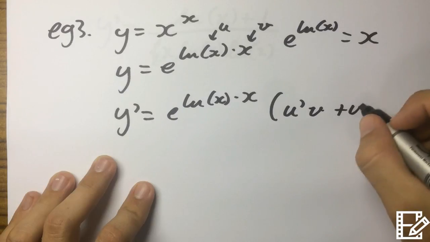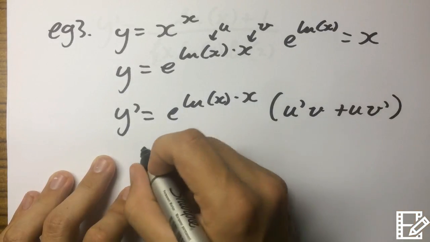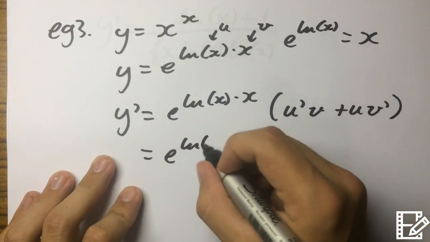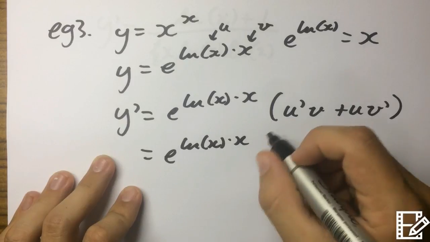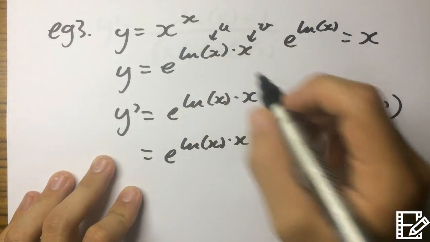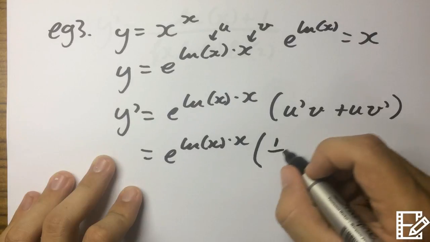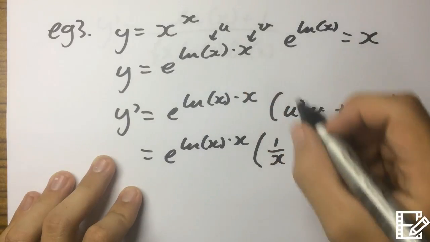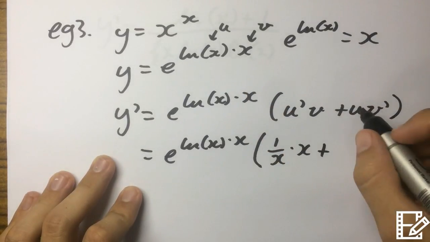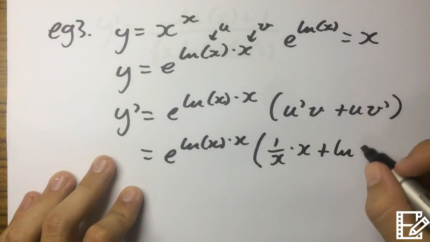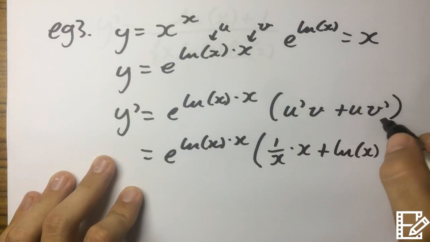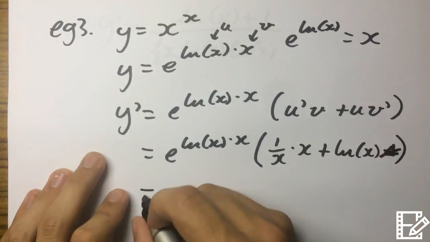It stays the exact same, but then you multiply it by the derivative of whatever's up on the power, which is u dash v plus u v dash. e to the ln of x multiplied by x. u dash: if u is x ln of x, then the derivative is 1 over x. v is multiplied by x plus u, ln of x, multiplied by v dash, which should be multiplied by 1. Don't need to worry about it then.